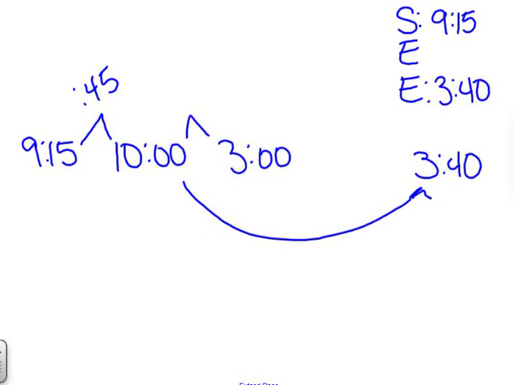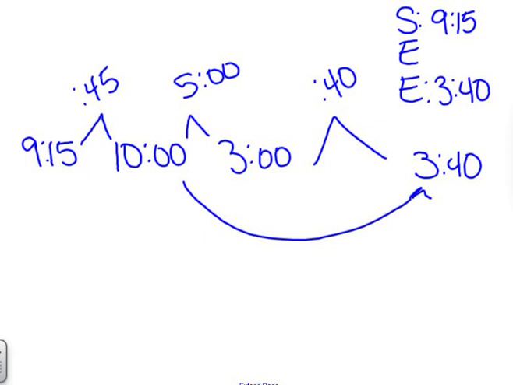That is how many hours? 10 o'clock to 11 o'clock is 1 hour, 11 o'clock to 12 o'clock is 2 hours, 12 o'clock to 1 o'clock, 1 o'clock to 2 o'clock, and 2 o'clock to 3 o'clock. That's 5 hours long. Then I have from 3 o'clock to 3:40, that's what's remaining. From 3 o'clock to 3:40 is 40 minutes.